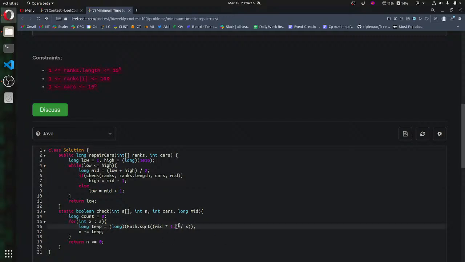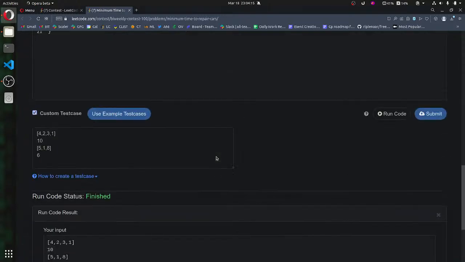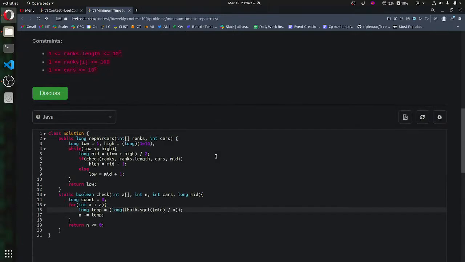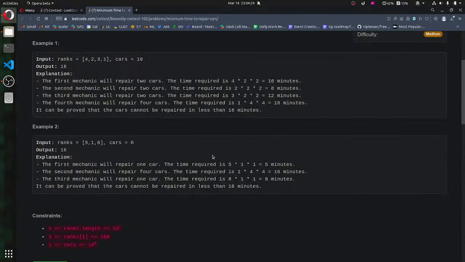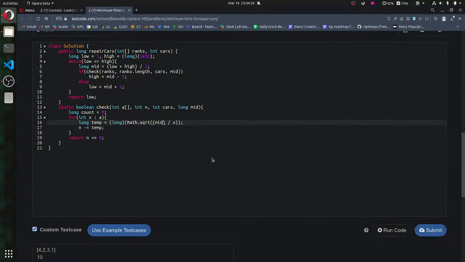Okay, if we remove this thing, then what would be the case? Again 4 and 5. Say mid is 12. Okay, and yeah, we have 10 cars there. So mid by 4 is 3 and the square root of 3 is nothing but 1.7, that is around 1.